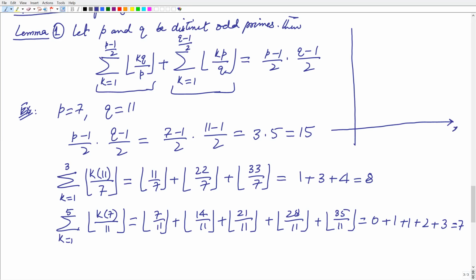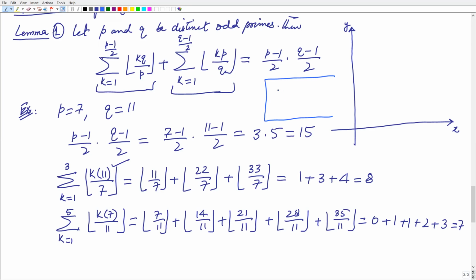For example, this is the x-axis and this is the y-axis, and let me consider this one, using a different color: 11k over 7.